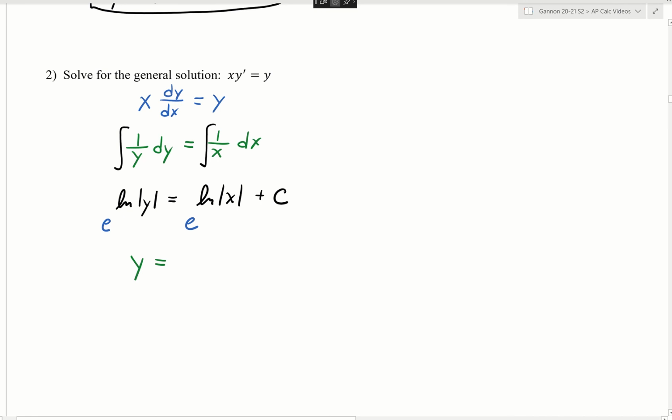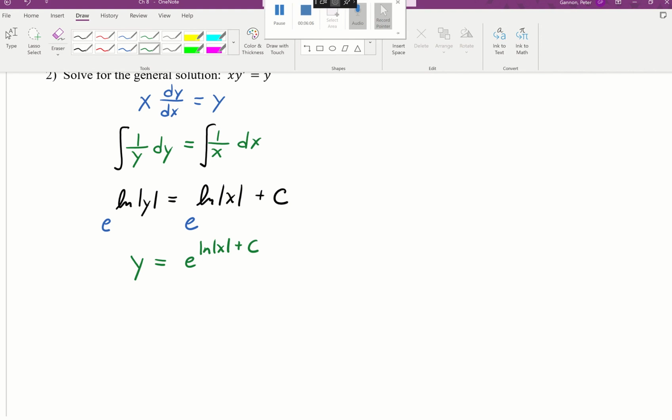On the right side, we get e to the ln of absolute value of x plus c. Now, the range of e to a power is going to be greater than or equal to 0. So we don't necessarily need the absolute value in this situation.